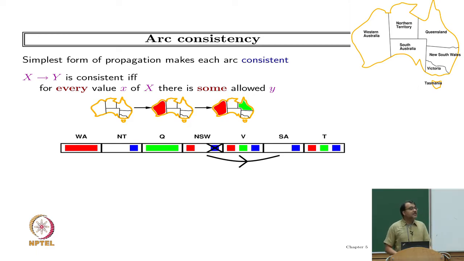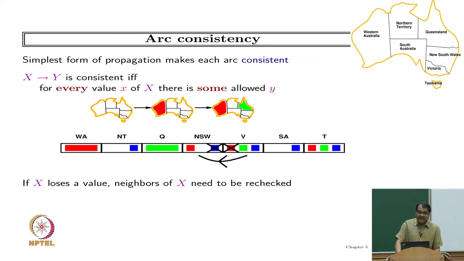But now let us look at it in the other direction. For every value of New South Wales, do we have a value for South Australia? No. For New South Wales blue, we do not have a value for South Australia. So, we can remove New South Wales being blue. We have proven that New South Wales cannot be blue. This keeps going. Let us say we check Victoria to New South Wales now.